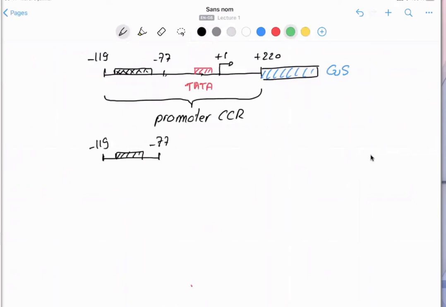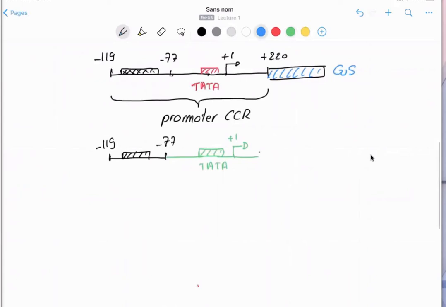So I'm going to write it in green. It means that the piece of DNA, which is just after the core promoter, so this is also a Tata box, and then we put the GUS gene as the reporter at the end. So this is GUS.